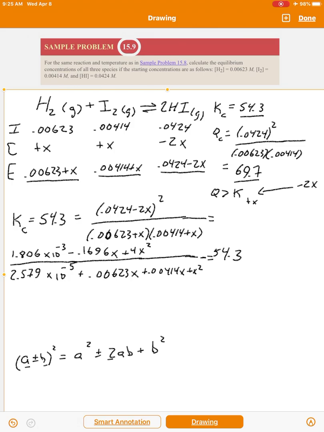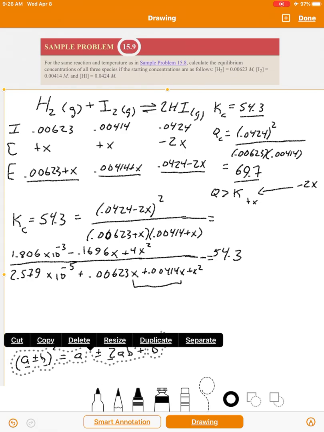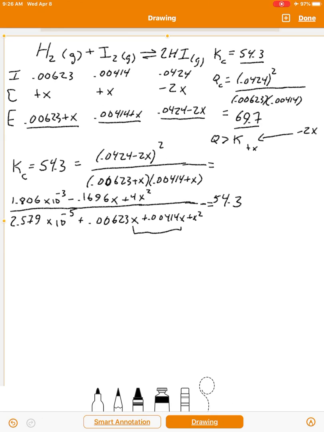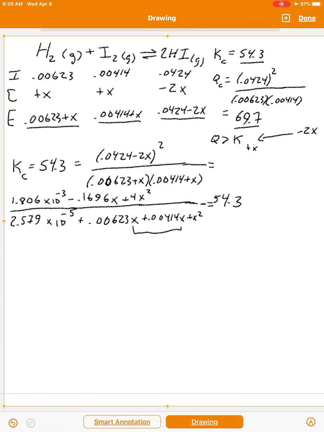Okay. Now, if you take a look at the denominator, you will notice that there are two terms in x. So those can be combined into one term. So the next step then, I'm just going to copy everything down in the numerator.